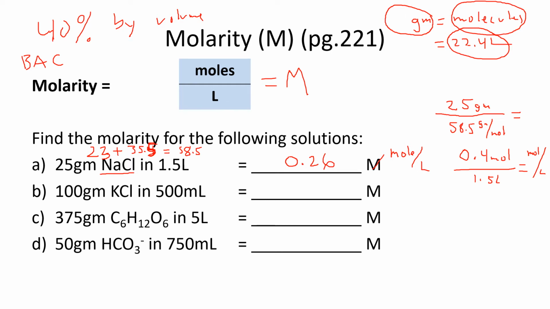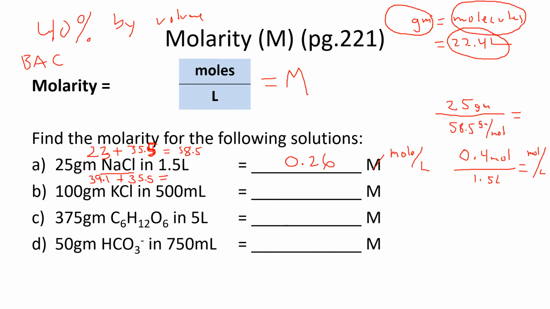Okay, potassium. How many grams per potassium atom? 39.1. It's 39.09, so round to the nearest 1 decimal place.